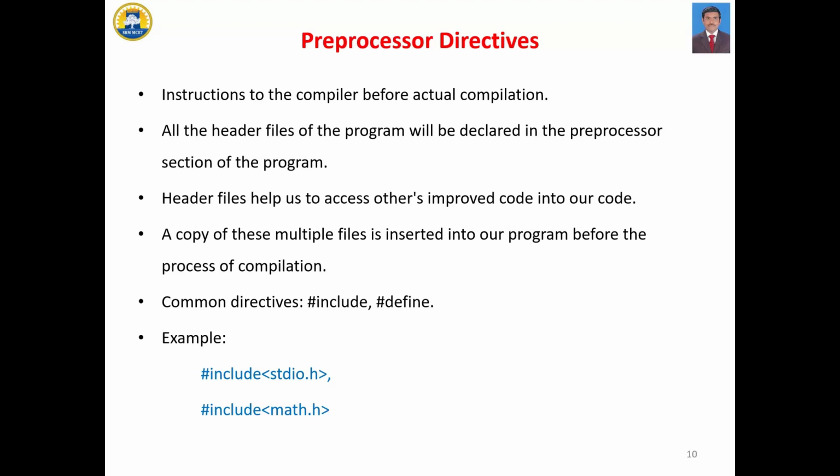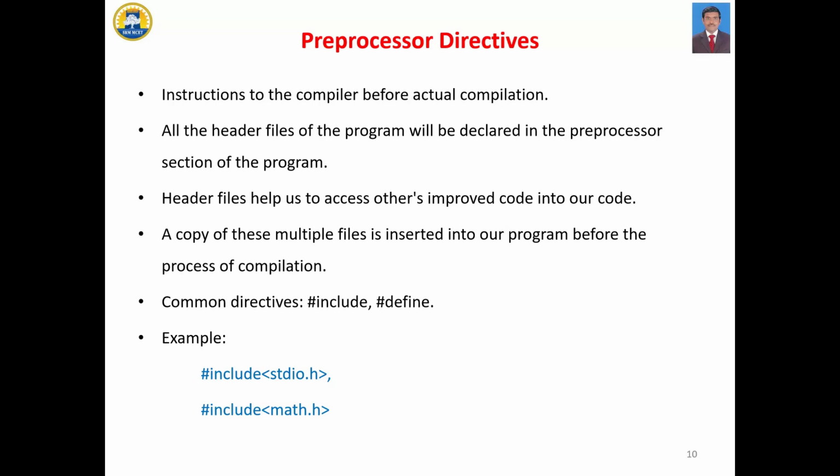Next one is preprocessor directives. These are instructions to the compiler before actual compilation. All the header files of the program are declared in the preprocessor section. Header files help us to access other existing code in our code.